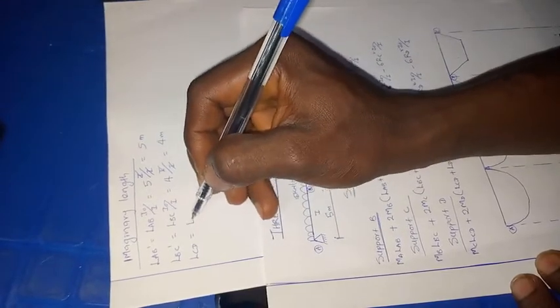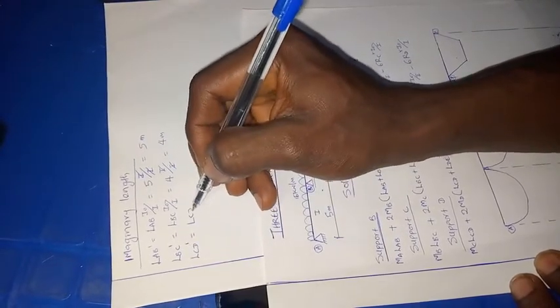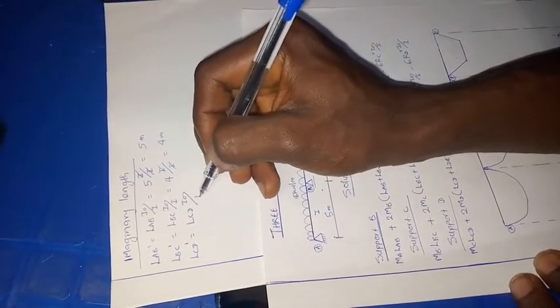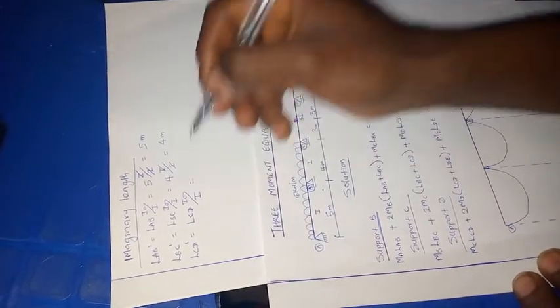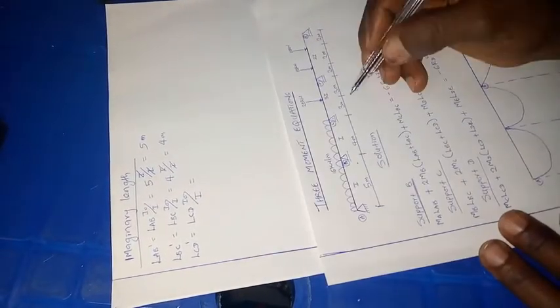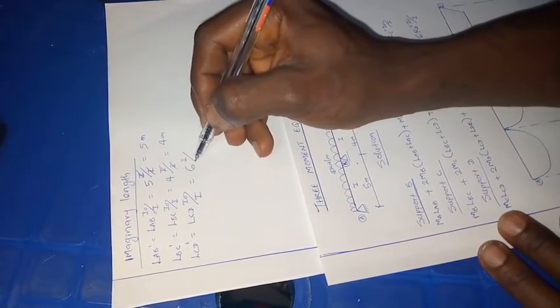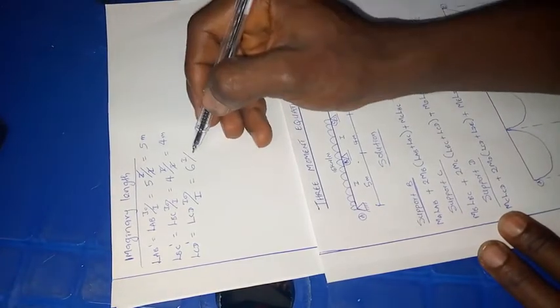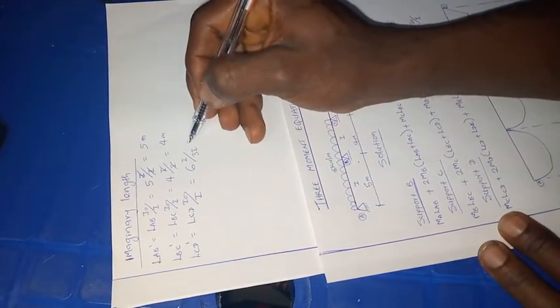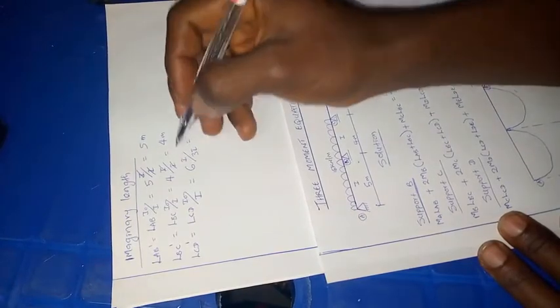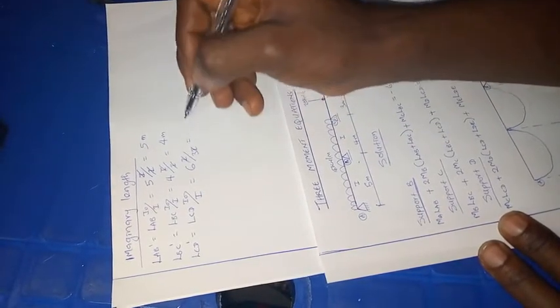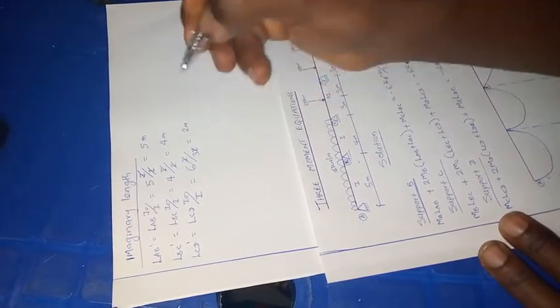LCD prime will be equal to LCD multiplied by I naught over I. My LCD is 6, so 6 times my lowest inertia I, and the inertia of CD is 3I. So 6 divided by 3, I will cancel I, and we have 2 meters.